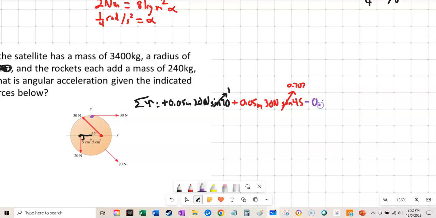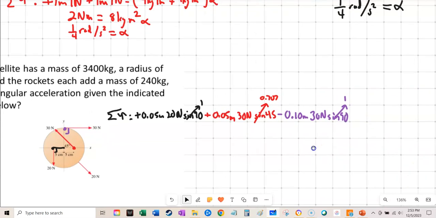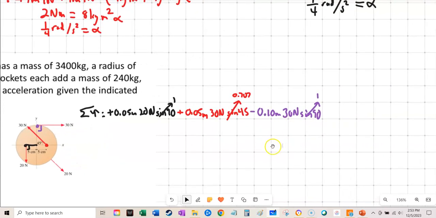It's located 10 centimeters, or 0.10 meters, away. It's 30 newtons of force, and this looks like it's at 90 degrees. So that's going to be the sine of 90 degrees. So it's a 90-degree lever arm. So that's just one. And that's that torque.